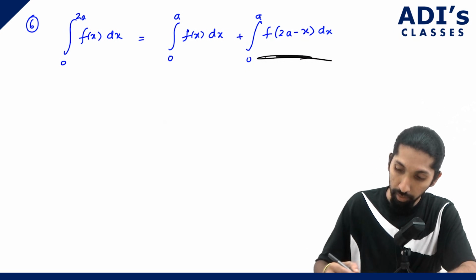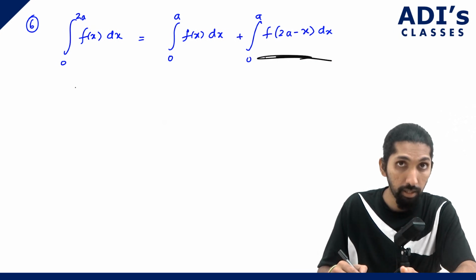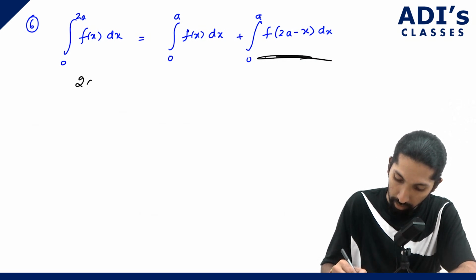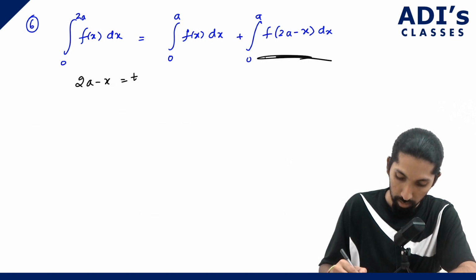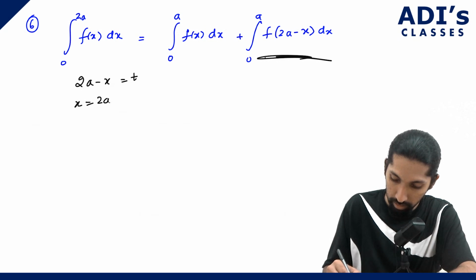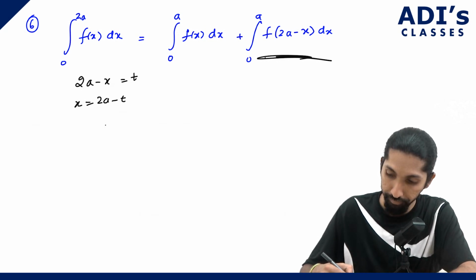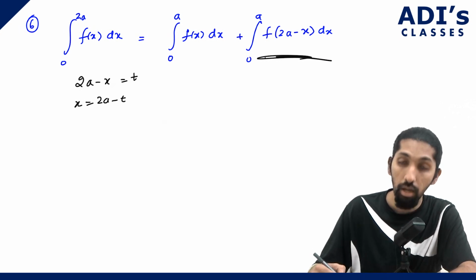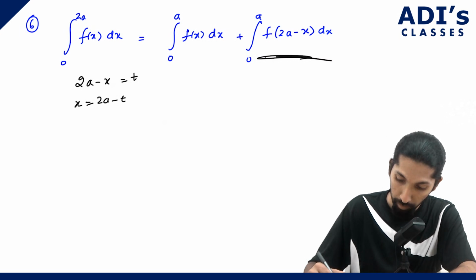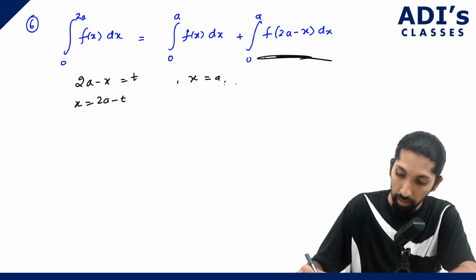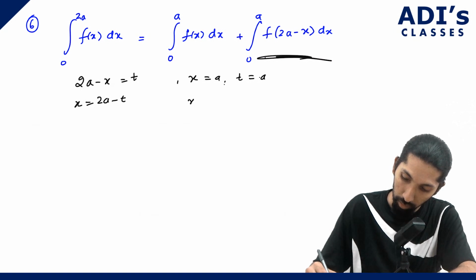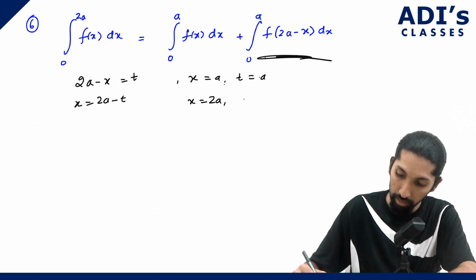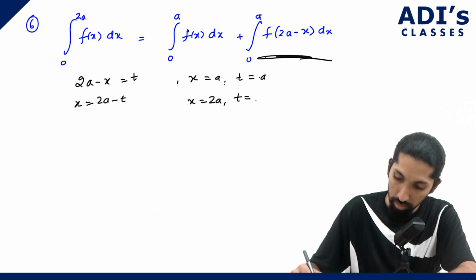See what we are going to do. We'll start by taking 2a minus x is equal to t. Very simple. So x is equal to 2a minus t. Now what do we do? Change the limits. When x is equal to a, t is equal to a, correct? When x is equal to 2a, then t is equal to 0, right?